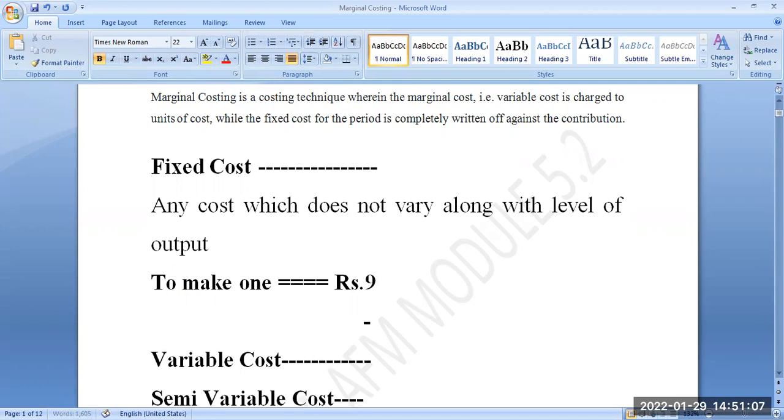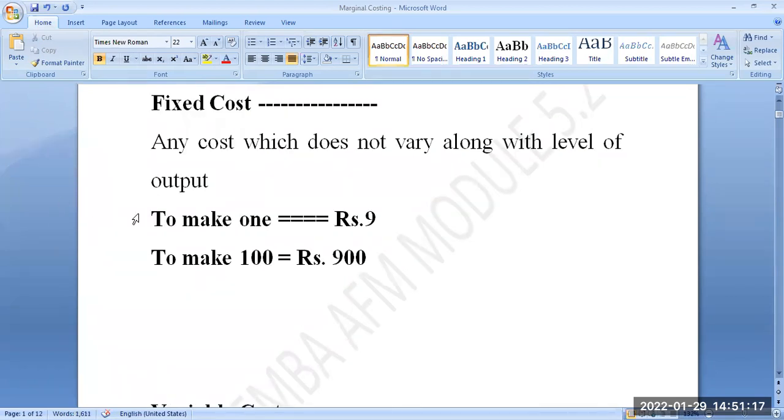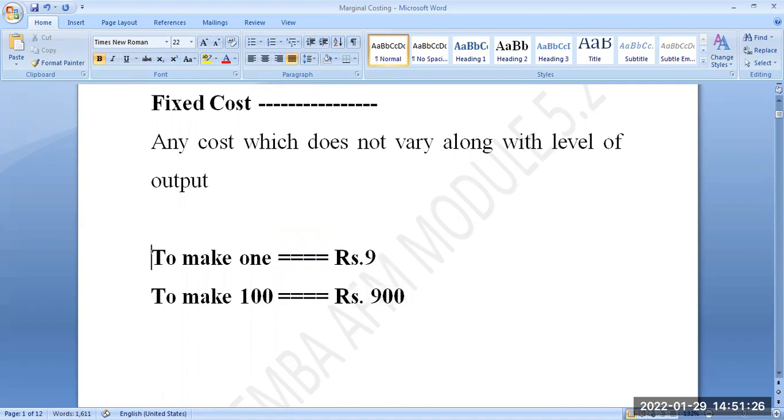At the same time, if I want to make 100 notebooks, how much do I have to spend? 900. So raw material cost is an example of variable cost. It is not a fixed cost. Now you tell me, sir, what is your understanding? I had the same understanding.